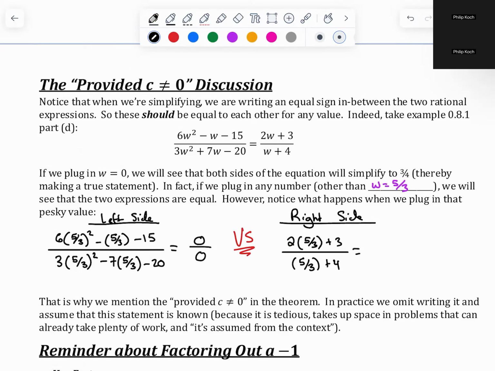And if you simplify that, whether in your head or in your calculator, you will get 19/7. So the left and the right-hand side gave me two different answers. So first and foremost, these are not equal.